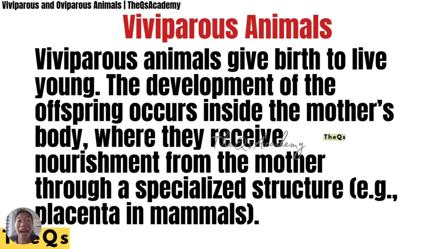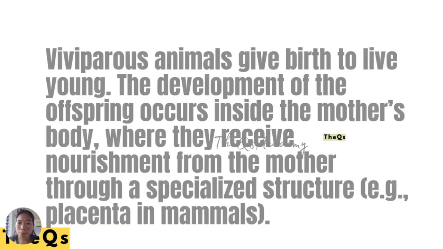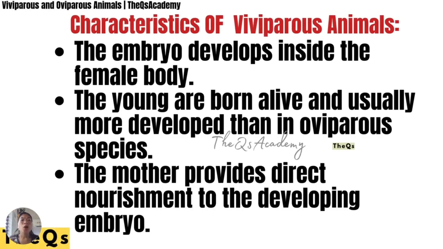Take note, inside, not outside the mother's body. The characteristics: the embryo develops inside the female body. The young are born alive and usually more developed than the oviparous species. The mother provides direct nourishment to the developing embryo. So these are the characteristics.